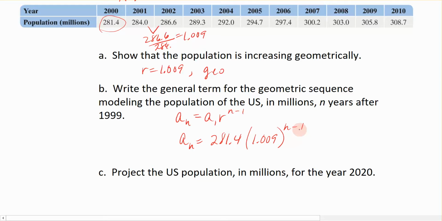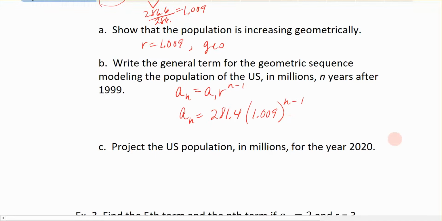In other words, I could find out what the population was for any given year after 1999 following this model. In the very next question, it asks, can you project what the population is going to be in 2020? So 2020 is the end value, and 1999 is my start value.